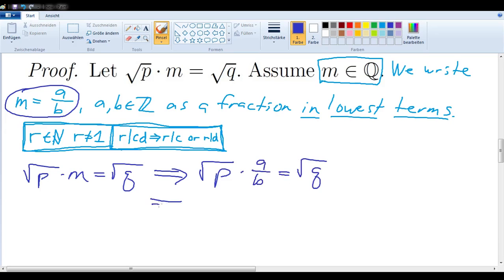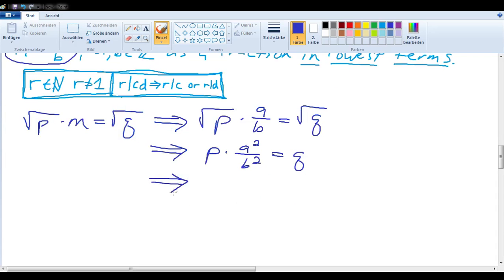Now we can square both sides of the equation, and multiply through by b squared, which gives us p a squared equals q b squared. And here we can see that p divides q b squared. And we'll go off to the side here and do some calculations for that.